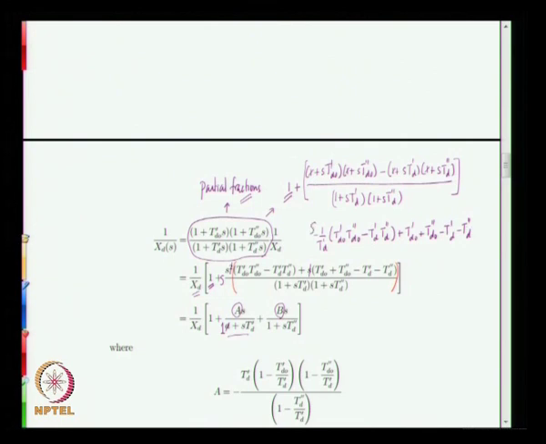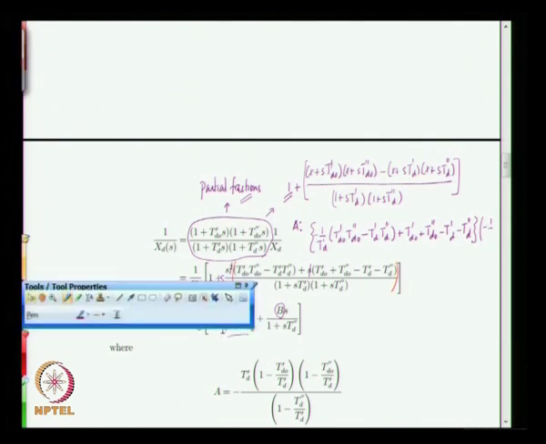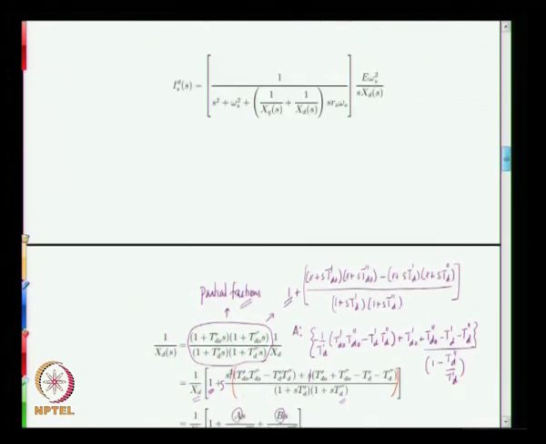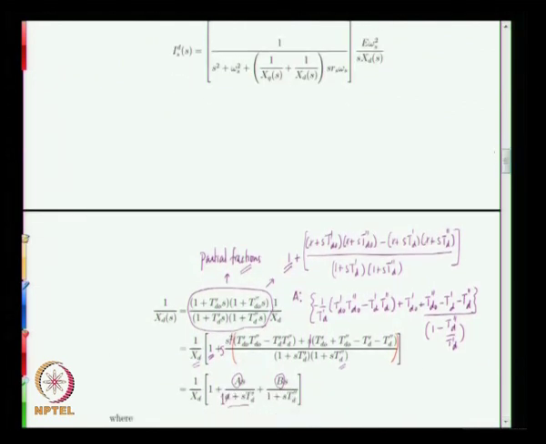So this whole expression, in order to determine A, is divided by one minus T''d by T'd. This comes because of the denominator term that is there here. So we can simplify this further. So let me make use of some slightly bigger space available above.